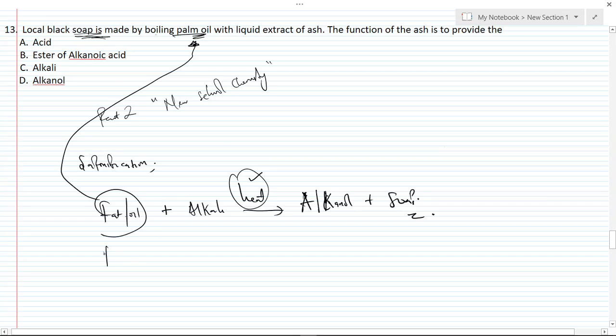So we are more or less saying palm oil plus ash equals soap. So ash is equivalent to what? Alkali. So that means when they say the function of the ash is to provide, it won't be acid or ester of alkanoic acid or alkanol, rather it's going to be what? Alkali. So that makes option C our answer.